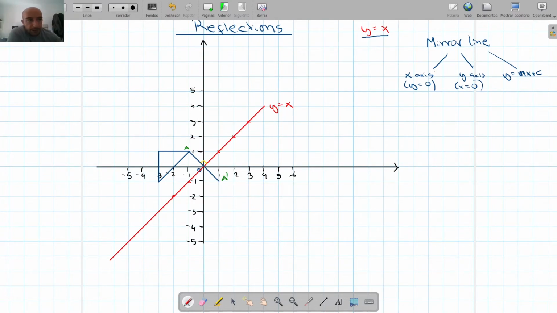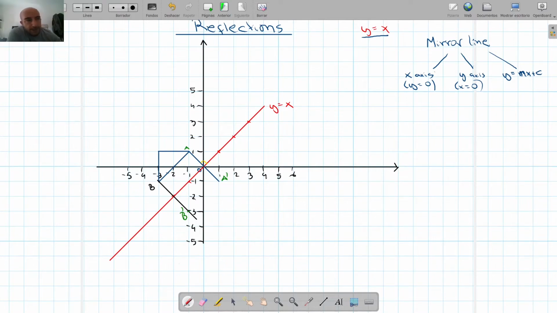If we go to point B, and we draw a straight perpendicular line, we can see that again it's one square across, so this is going to be our reflected B point.